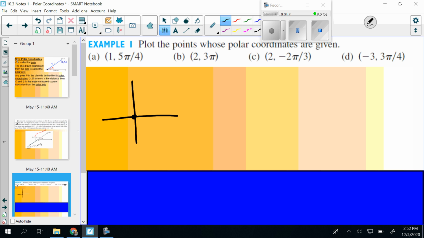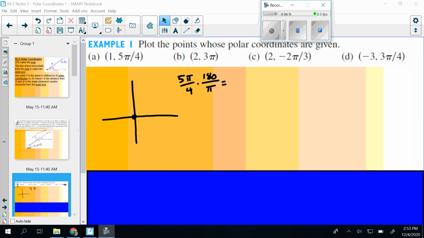5 pi over 4, that's an angle that is going to be more than 180, because 5 pi over 4 is bigger than 1 pi. And figure out where that is. If you're not good at estimating with radians, remember we could convert. 5 pi over 4, we could convert to degrees by multiplying by 180 over pi and simplifying.